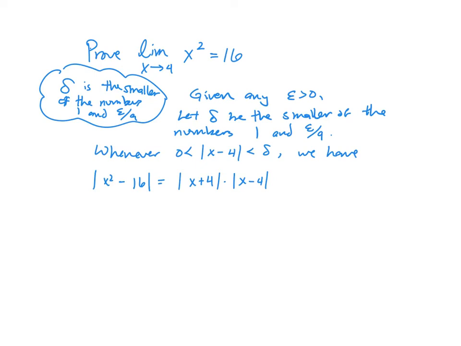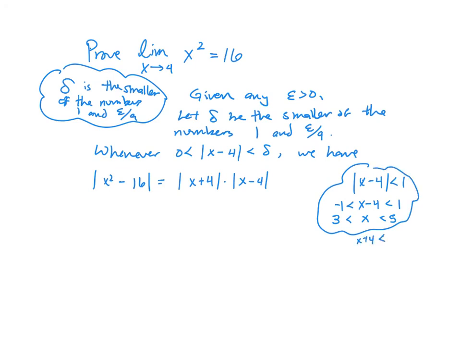All right, if you remember here, since we have |x minus 4| is less than delta, that means it's definitely less than 1, because I'm picking the smaller of the two numbers, which means that x minus 4 is between 1 and negative 1, which means that if I add 4 to every side, I get 3 is less than x is less than 5. And so if x is less than 5, x plus 4 is going to be less than 9.